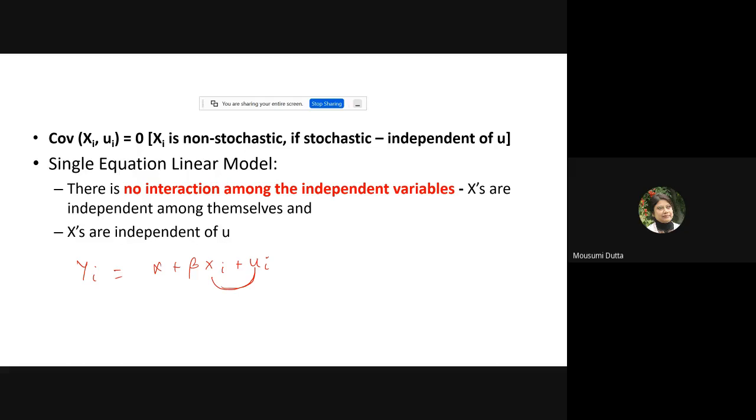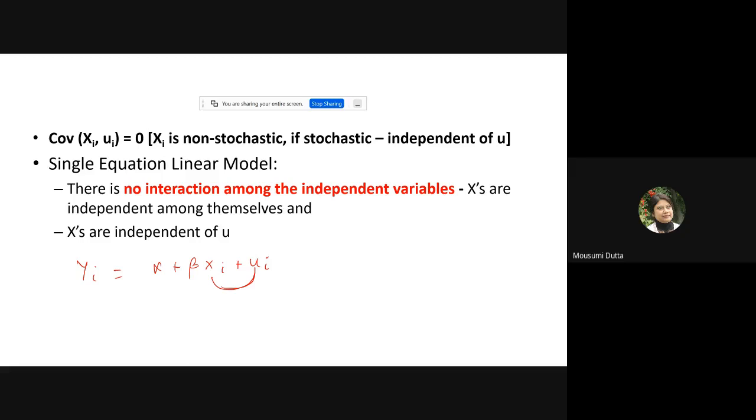Actually, we consider xi to be non-random to have the sufficient condition to fulfill the assumption covariance xi ui is equal to 0. However, it is not a necessary requirement because xi may be random but still independent of ui. So please take note.